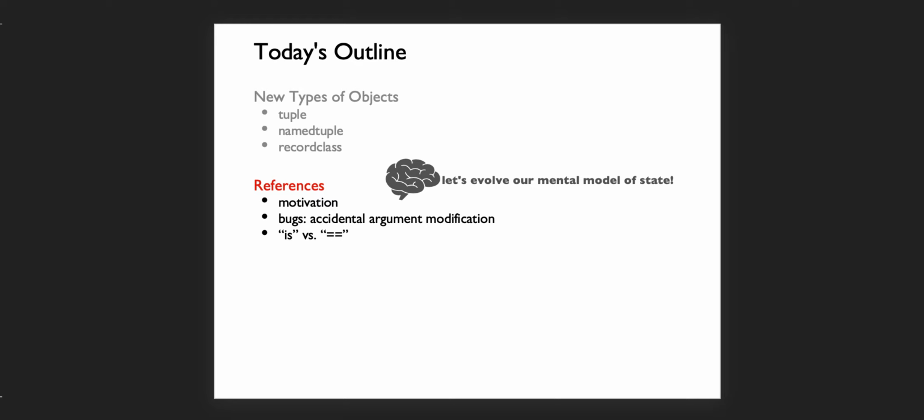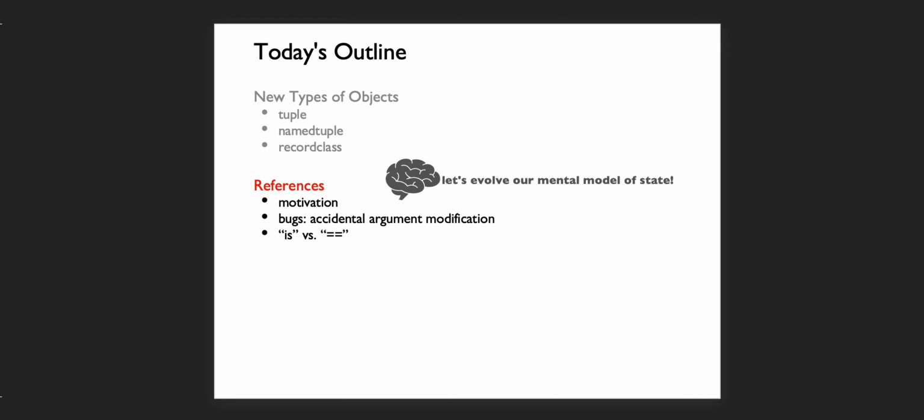Alright, so moving on, so far we have discussed all about objects, right? We spoke about the new data type tuple, and then two different data types called name tuple and record class for creating your own custom data type.